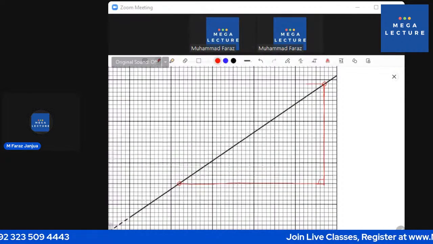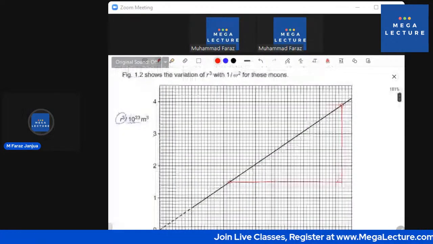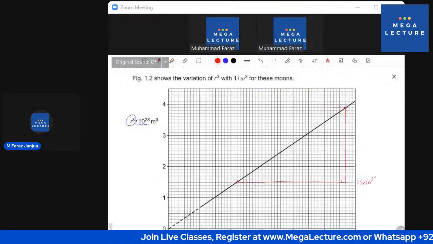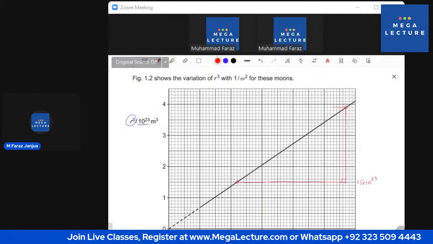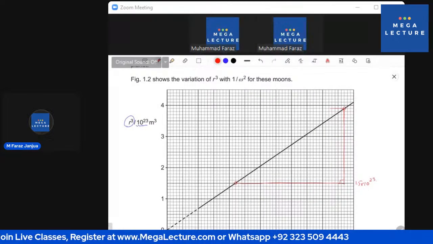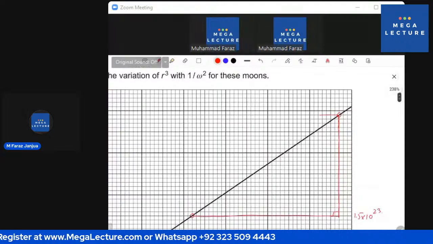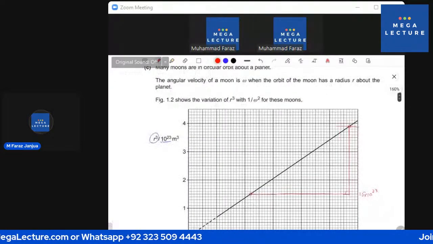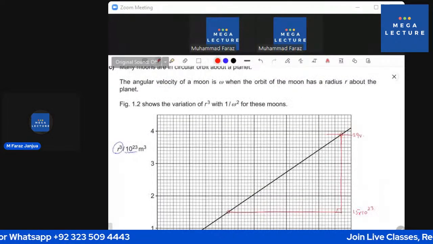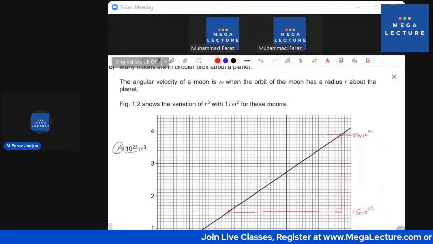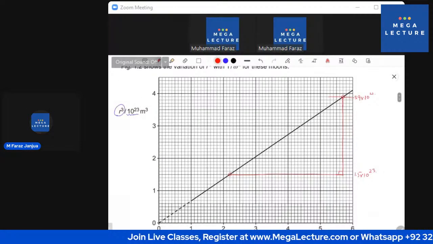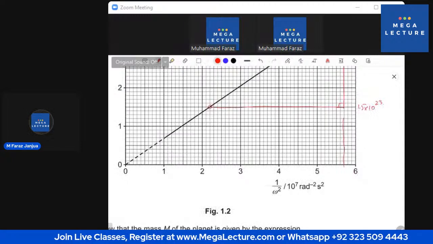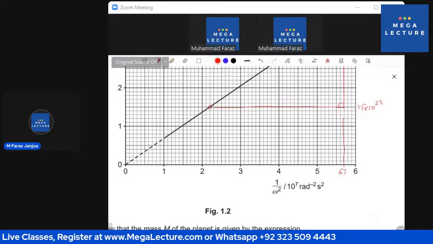This is 1.5 times 10 to the power 23. This one is 3.9 times 10 to the power 23. This is 5.7 times 10 to the power 7.